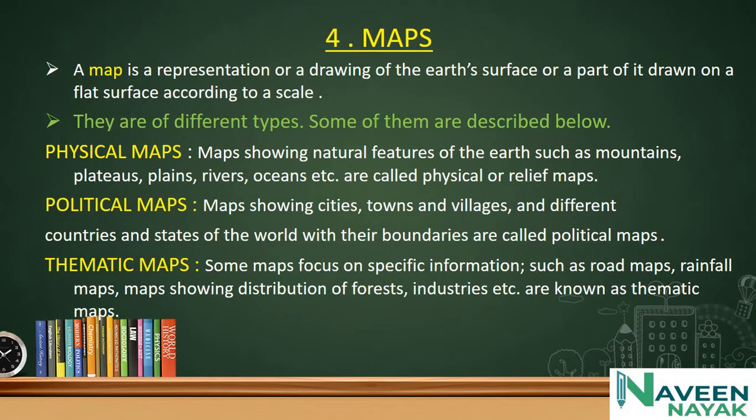A map is a representation or a drawing of the earth surface or a part of it drawn on a flat surface according to a scale. And there are different types. Some of them are described below.